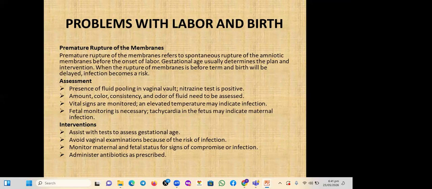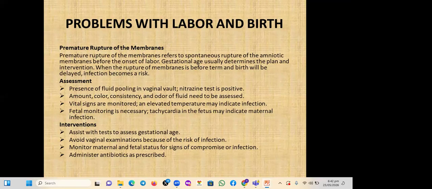But if the person is not at term, let's say 33 weeks, and the membranes have ruptured, remember, infection here is a concern. Because you might want to delay labor for some time until the lungs are fully matured, and then you can deliver the baby. And so during that waiting period, infection is a concern.